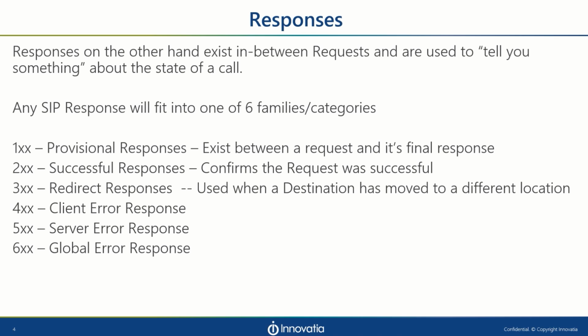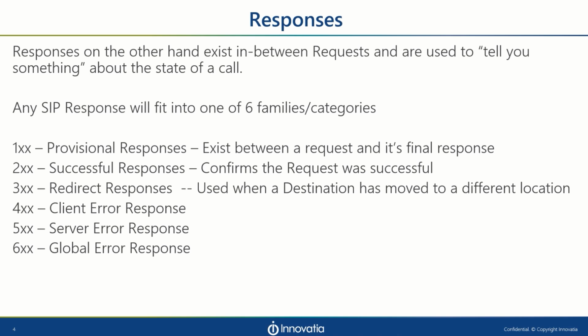The next category of responses are the redirect responses. These are a little unique in their function, but basically they're used anytime a caller places a call out to the called party, and that called party has moved to a different location. Location, in this case, you can just take to mean IP address.